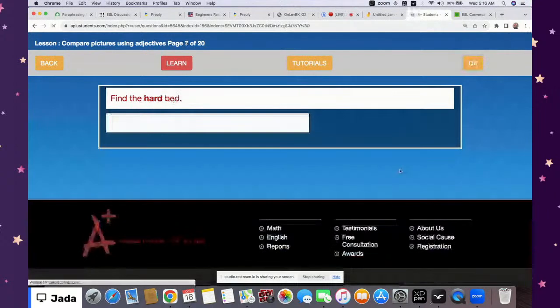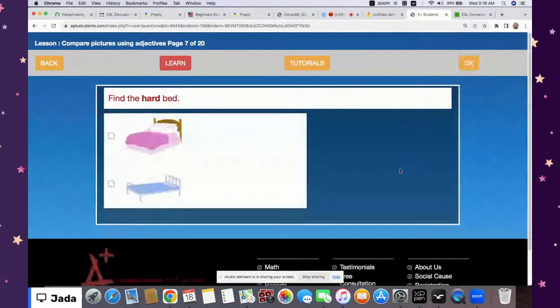So do you all understand comparing pictures using adjectives? Tell me on the chat, yes or no, if you understand. Before we move on to the next lesson, do you guys understand this?